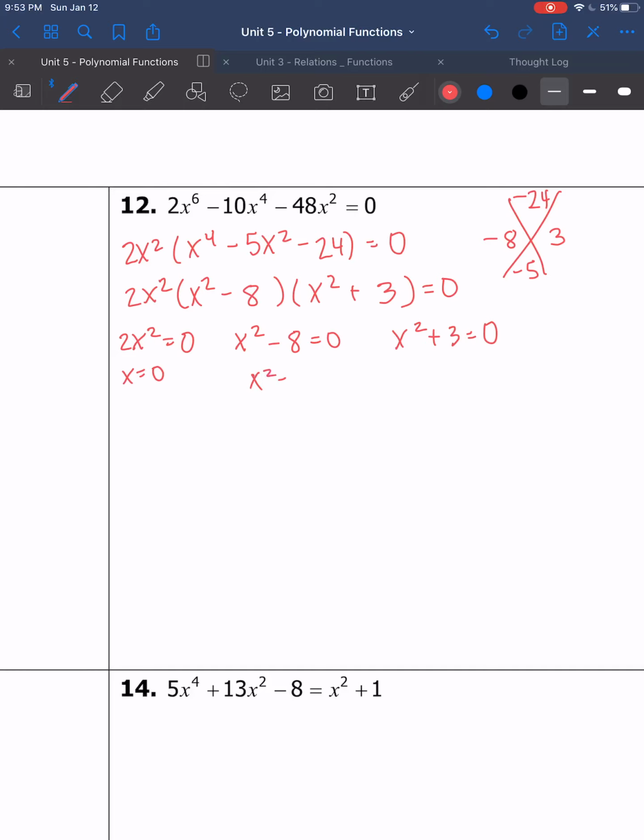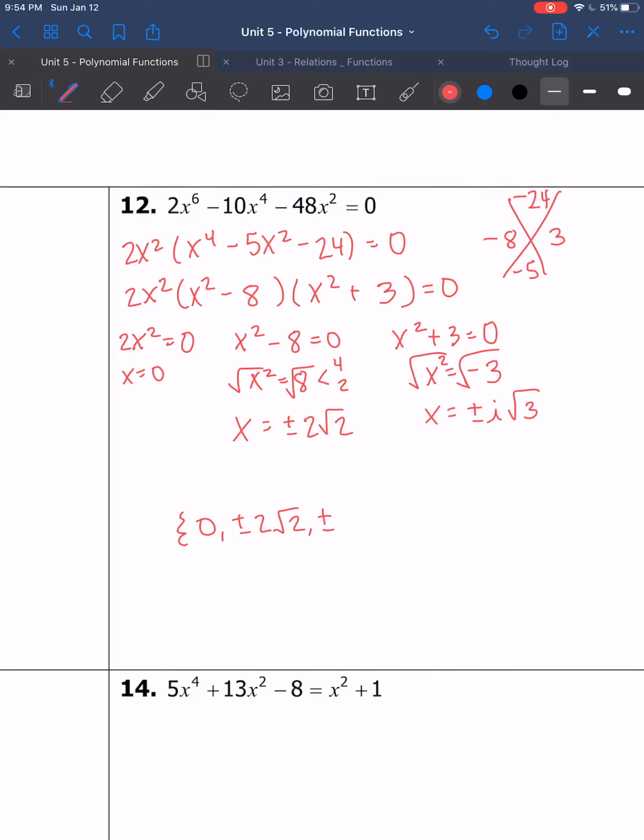X squared equals 8, square root both sides, x equals plus or minus 2 square roots of 2. And x squared equals negative 3, so x equals plus or minus i square root of 3. So I have solutions of 0, plus or minus 2 square roots of 2, and plus or minus i square roots of 3.